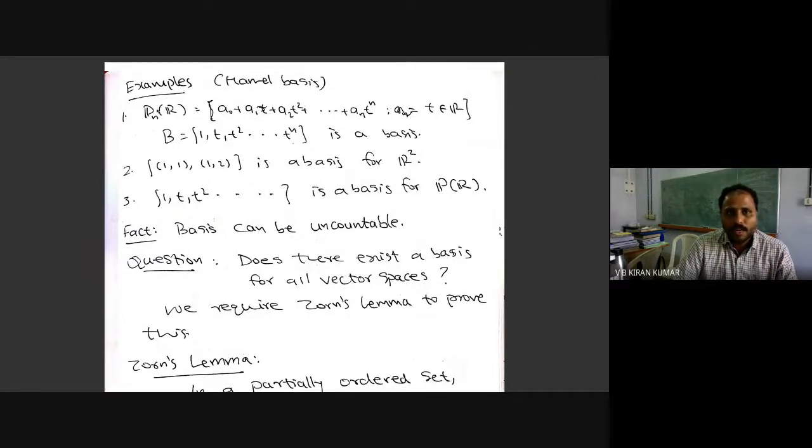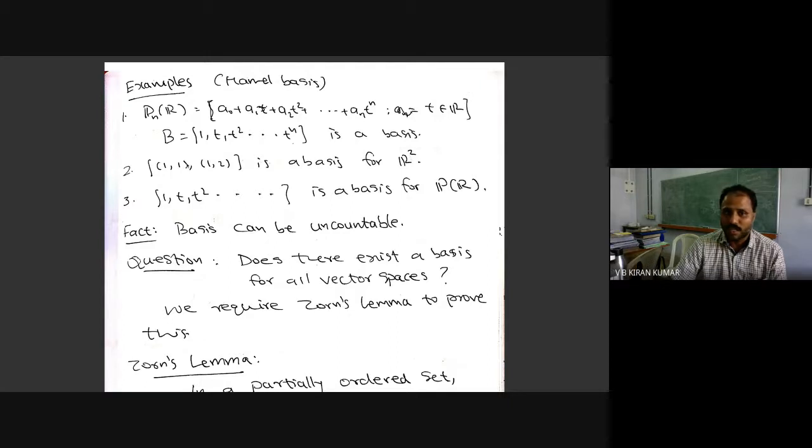Now, let us look at some examples. You take only polynomials of degree at most n, then you can write everything as a polynomial, meaning this expression a0 plus a1 t plus etc. plus an t raised to n, with an not equal to 0. I mean degree at most n, so n can be 0. Now here 1, t, t square, etc., t raised to n is a basis. And for R^n we have seen the standard basis.